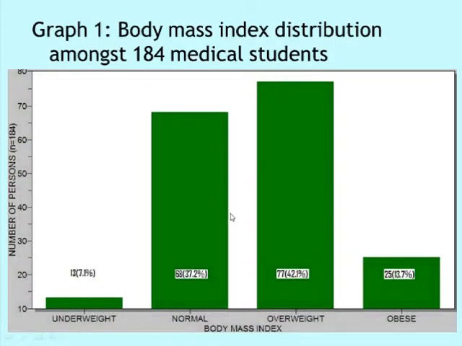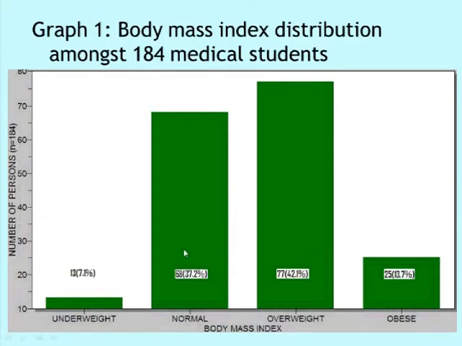From the chart, we can see here that maximum, that is 77 or 42.1% of this group of students, lie in the overweight category, whereas the least is underweight, 7.1% or 13 out of 184.